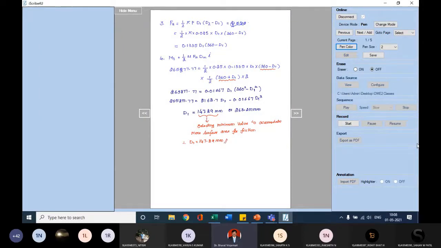Once D1 is found, he expected me to find FA. So I will be trying to find all the values. D1 is known. Now axial force FA, we have the value 0.1335 D1 into (360 minus D1), which we have already found. So once again substitute back the value of D1.